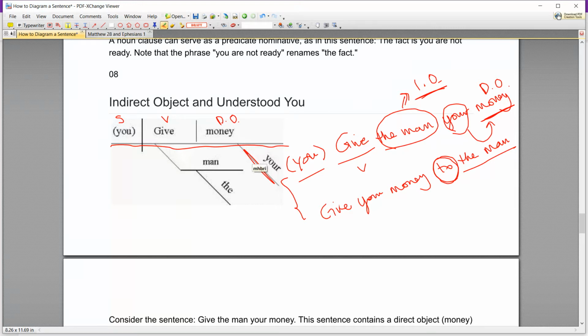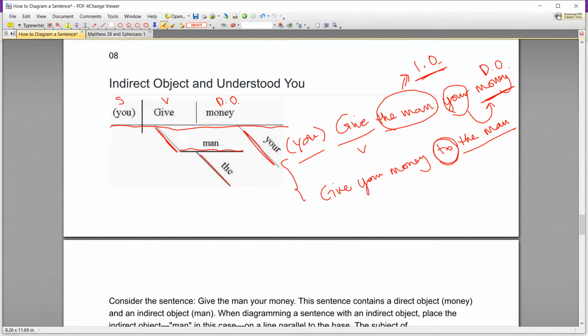So your money. And then you put the indirect object under the verb, and then draw a diagonal line and connect it to a line that parallels the baseline. You give the man your money.